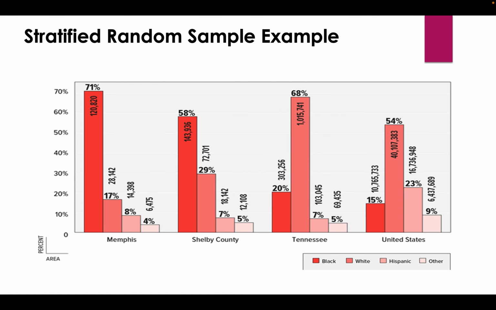So, if we were to sample Memphis and want to relate back to the United States, we would want to make sure that we weren't weighing too heavily within one race. We'd want to try to keep it as equal as possible so that we can relate that back to the general population, not just our city, right?